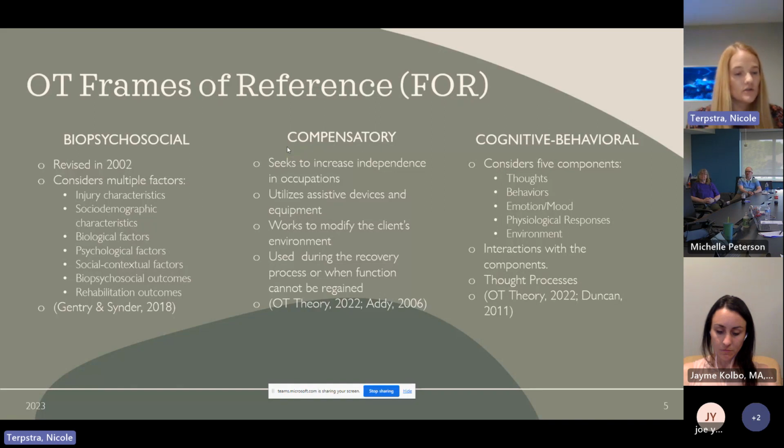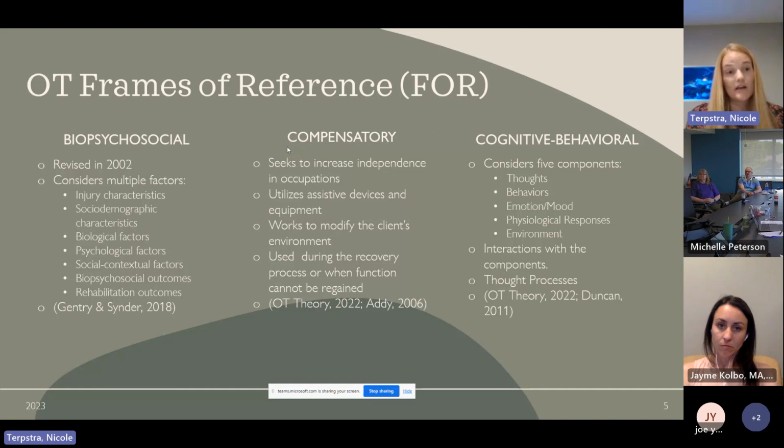So the biopsychosocial approach includes 7 main factors, which include injury characteristics, socio-demographic characteristics, biological factors, social contextual factors, biopsychosocial outcomes, and rehabilitation outcomes. This is really useful if you have a client who has a physical handicap or injury, if they're recovering from a surgery or a stroke.